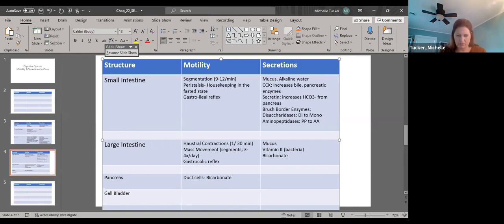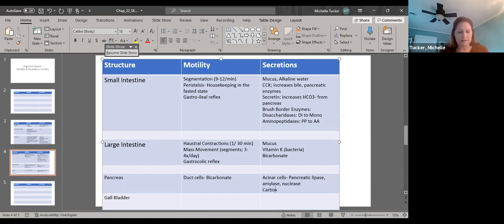And then the acinar cells are going to produce pancreatic lipase, amylase, and nuclease. So make sure I get them all in. Carboxypeptidase, trypsin, and chymotrypsin.